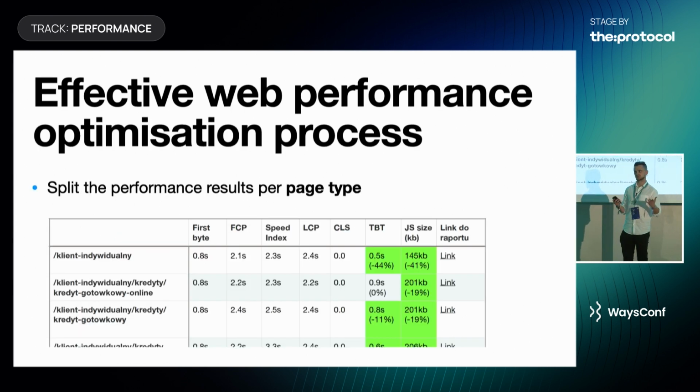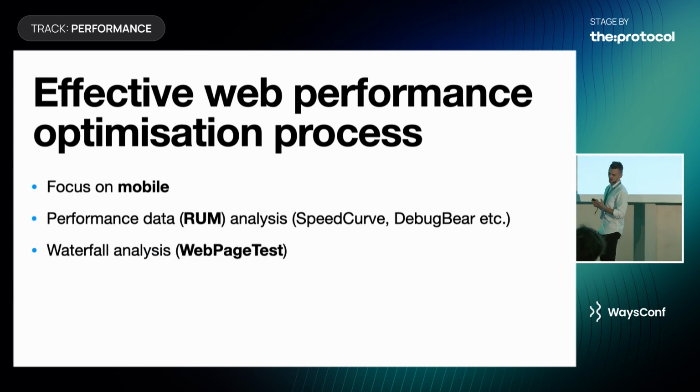So in terms of the process, as soon as we get the data, ideally from a real user monitoring system, we should split the performance results per page type, like product listing page or single product page. In this way, we can easily notice which of the most important pages on our website is affected by wrong performance scores.